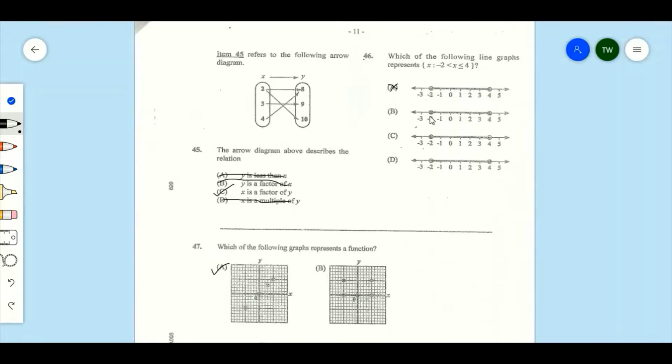Shade means it is equal to. So B cannot be the answer either. And then when you look at C, they shade again, so C cannot be the answer, right? Now when you look at D, they did not shade. It's just an open circle, so that's correct. And they shade at 4, which suggests that it is equal to 4. So D is the answer.